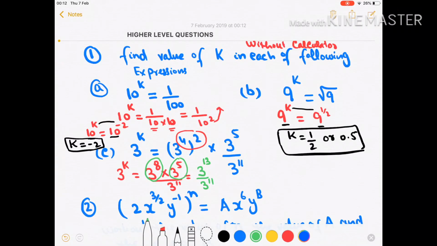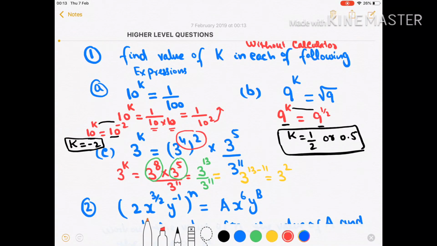Now the next step, rule number 2: when dividing the similar, you have to subtract the powers. So it will come 3 to the power 13 minus 11, 3 to the power 2.